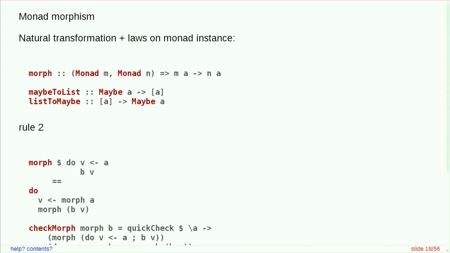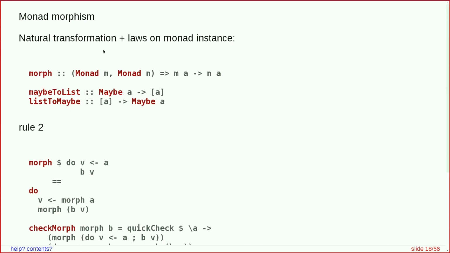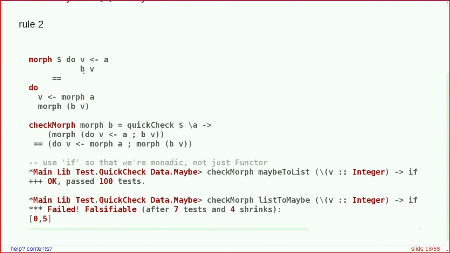The other rule that monad morphisms have, which is the bit where you capture the difference between a list and a maybe, is this: if I am in one of the monads and I do some action like picking an element, and then do another thing, so that's a sort of prototypical monad action, and then whatever comes out of this I take into my other monad, that's the same as taking this action into the monad and then running it and taking this action into the monad.